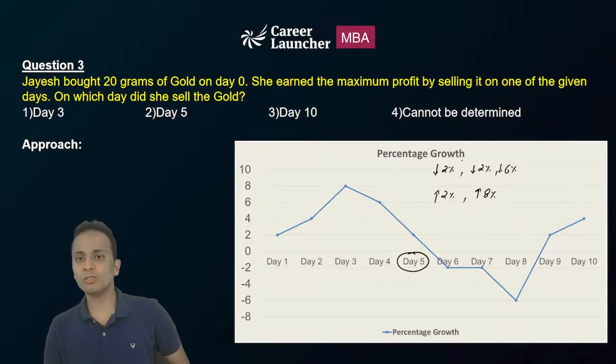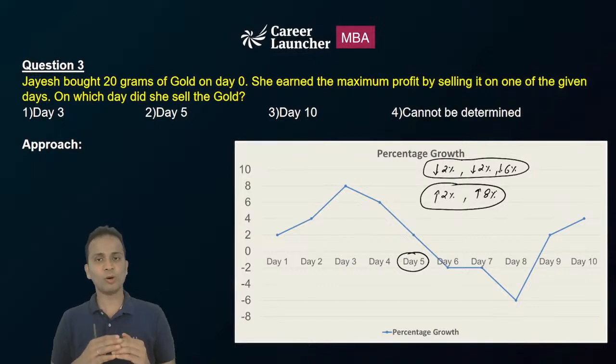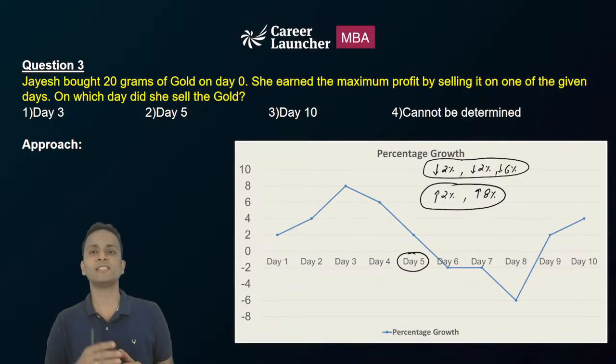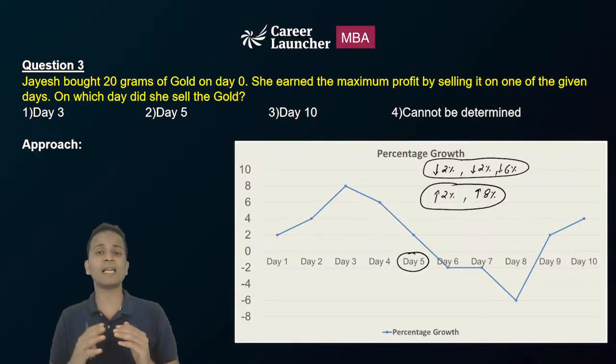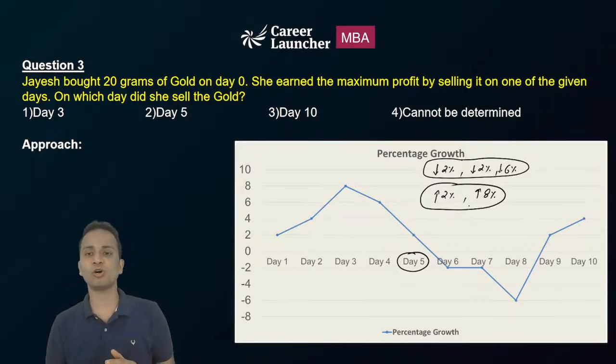Right? Now this effective decrease, will it be equal to this effective increase or more than that or less than that? Right? So हमें क्या find out करना है? Decrease of 2%, 2% and 6%. This entire effect, right? Will it be more than the effect of increase or not?